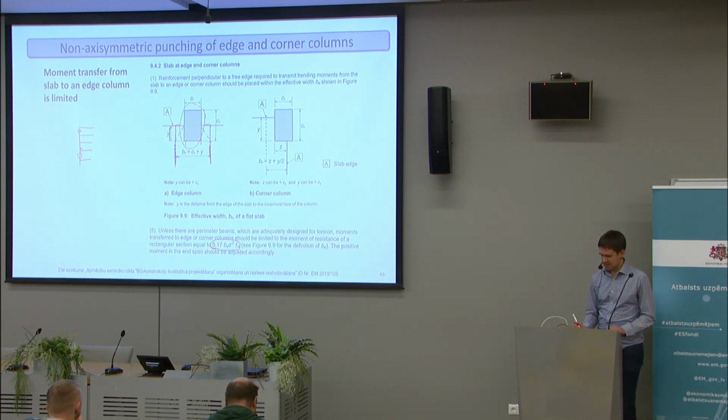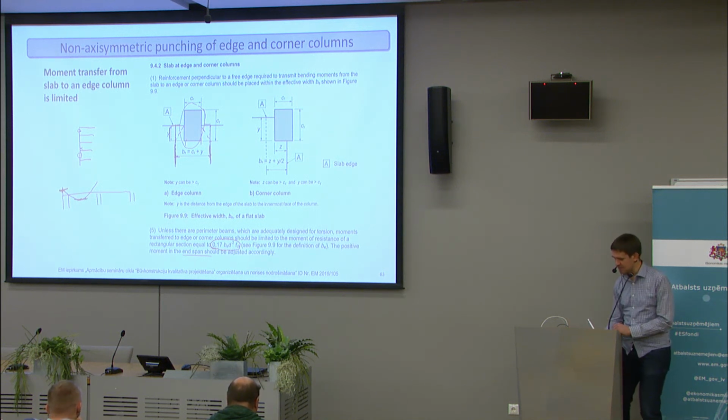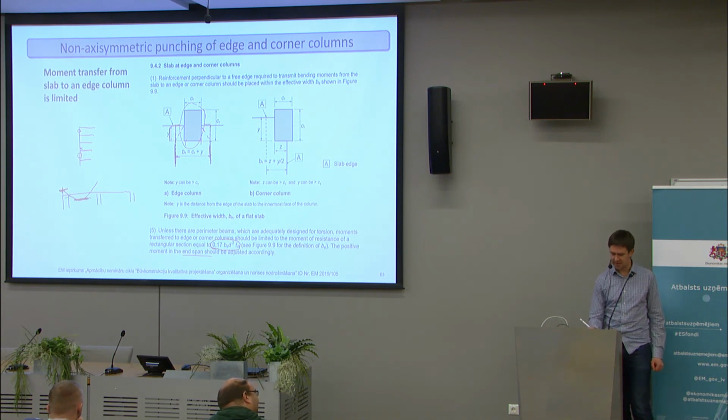And in the end span, depending on the finite element model that you've done for the slab, you might need to increase the moment in midspan to account for this limited capacity in there. But it's much easier to put a bit more reinforcement in here than to design the whole connection for a large moment, and then the columns for a large moment.